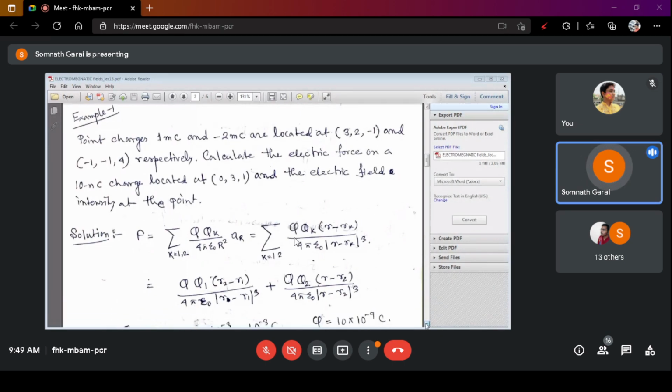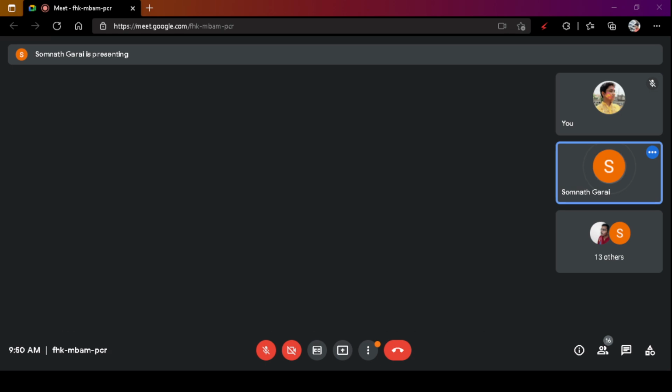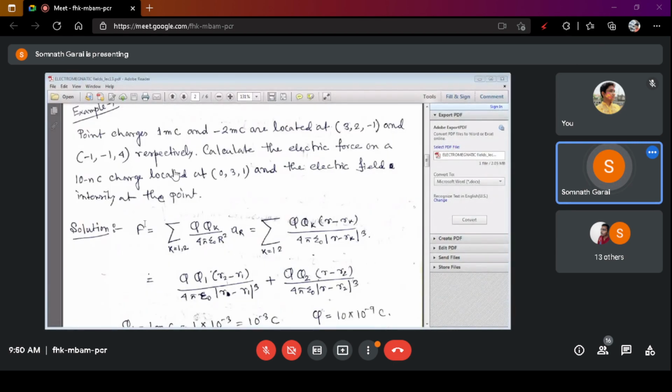Now we apply Coulomb's force formula. Here we have to calculate the total force of Q1 and Q2 with respect to Q. That means we have to calculate the force between 1 microcoulomb and 10 nanocoulomb, plus the force between minus 2 microcoulomb and 10 nanocoulomb. Here there are two point charges, so we have to calculate the two forces and then add them, because there are two different point charges.